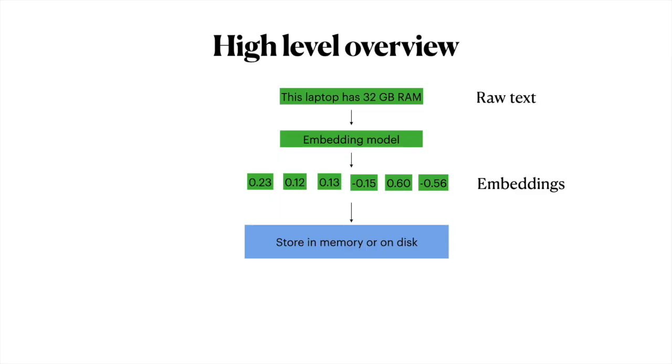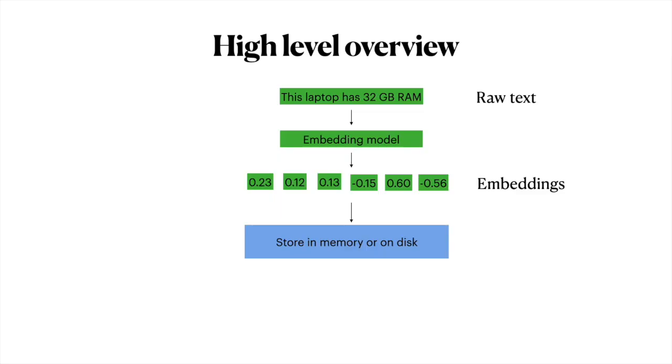If we go through the steps one by one, first we have the raw text, which is this laptop has 32 GB RAM. This text will pass on to the embedding model, and the embedding model breaks down this text into numeric embeddings, sometimes we call them vectors or multidimensional data.